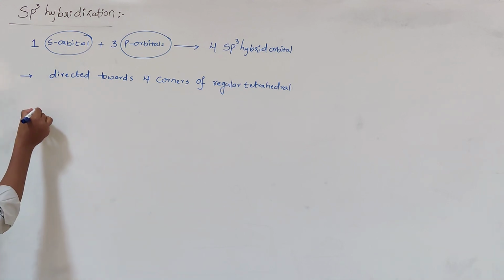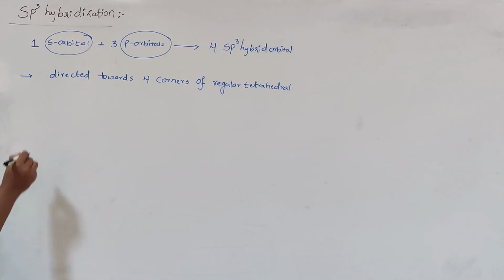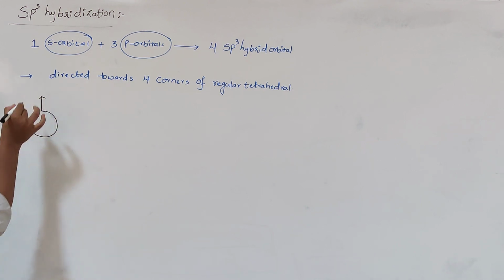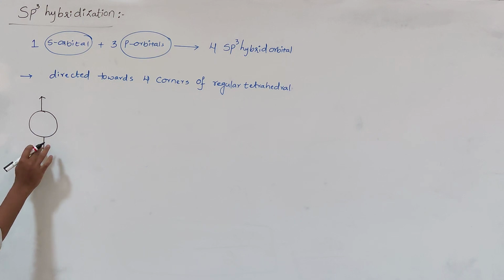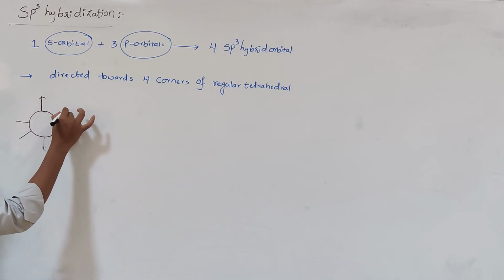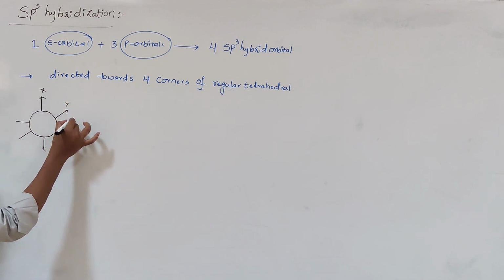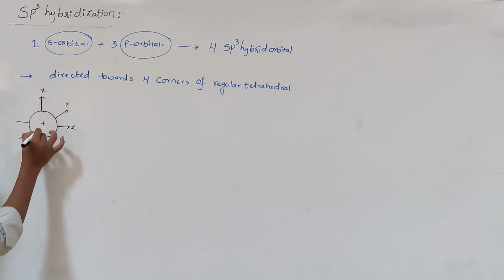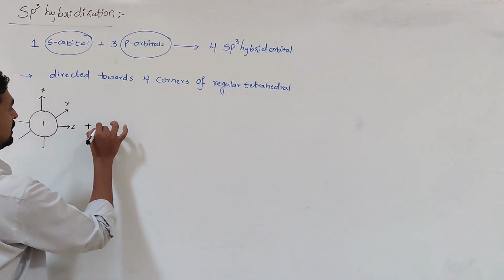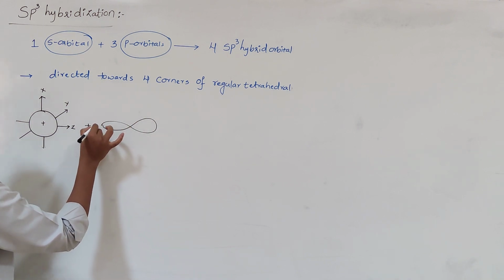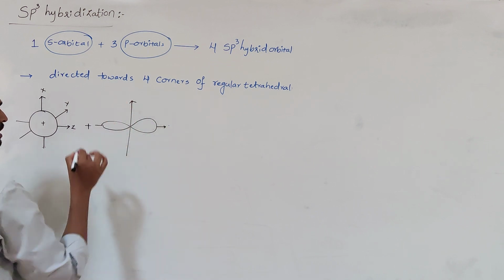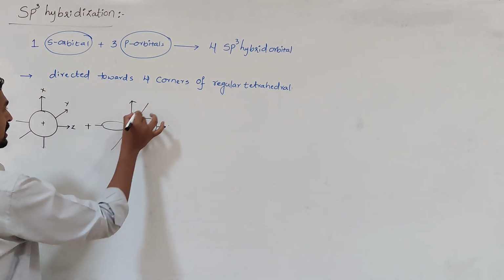What is it? One s orbital and 3 p orbitals. One is along the x-axis, one is along the y-axis and another one is along the z-axis.